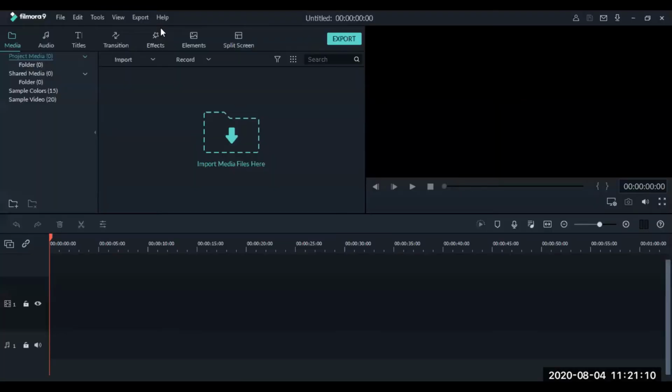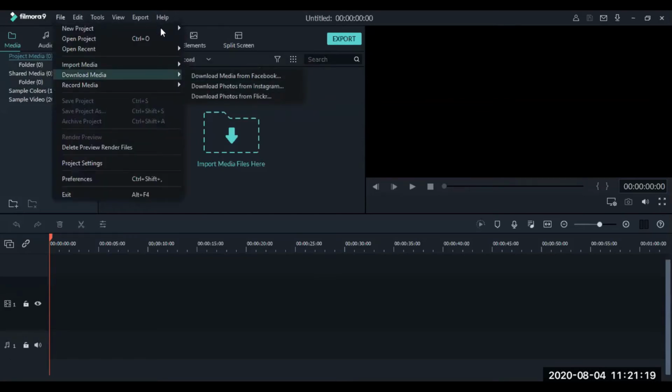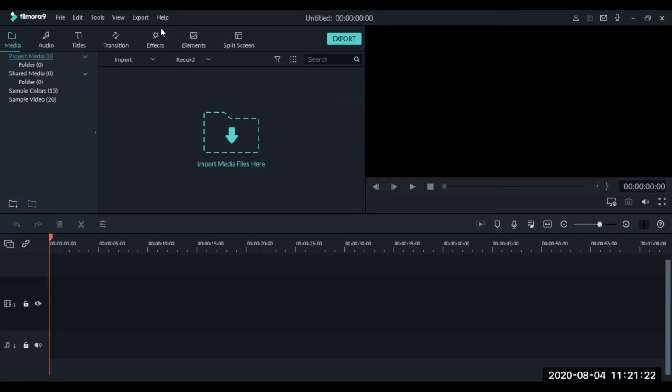For example, if this is where you are editing, when you lay things on the line, this is the line, it says 1 and 2 right here. 1 is about images and 2 is about audio, right? This is the editing software, so you will place all images on the line over here.